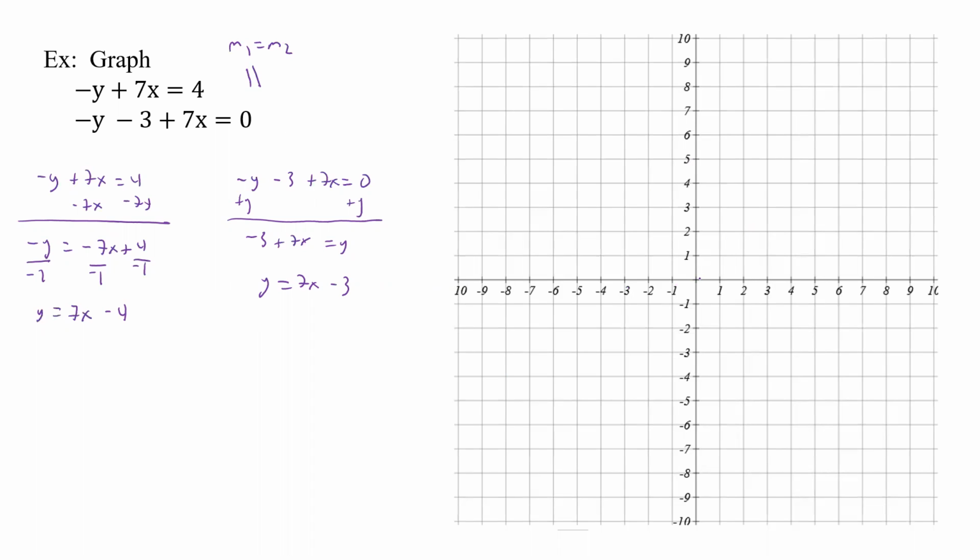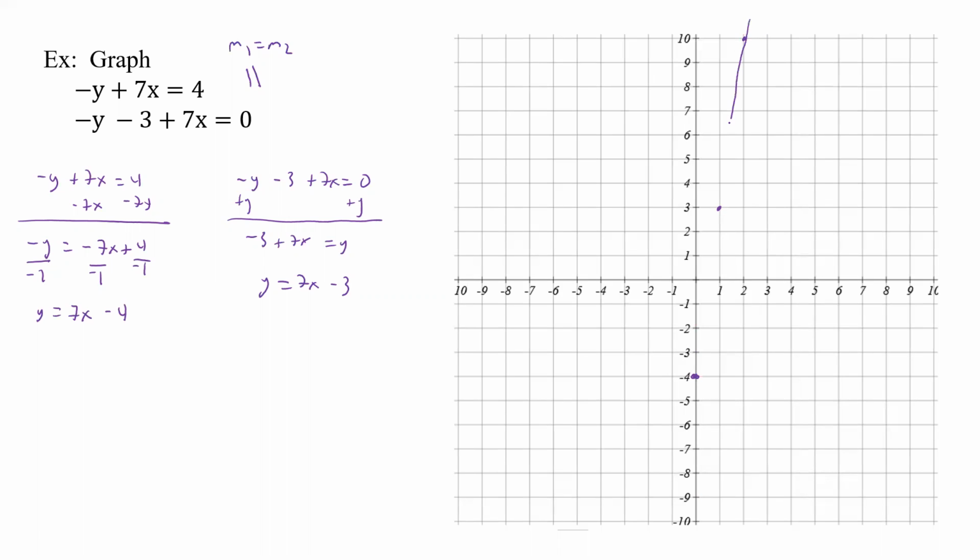So we have 0, negative 4, and then we're going to go up 7, right 1. And we don't have enough room to go down 7, and we have enough to go up 1 again. Right 1.